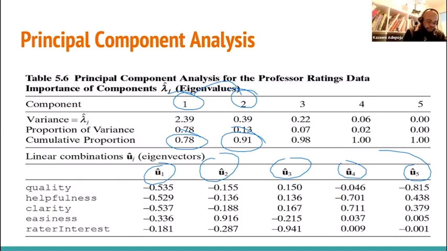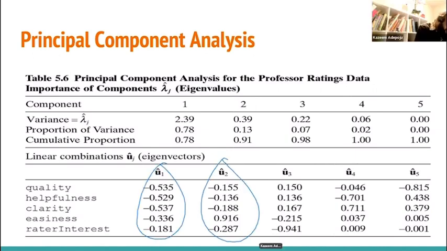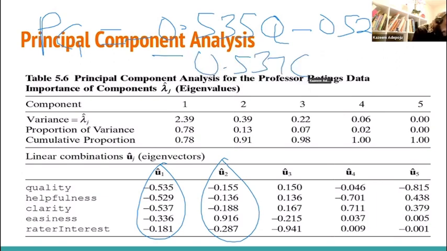If you want to write the model now, this is what I said. For instance, principal component 1 is minus 0.535 quality minus 0.529 fun-ness minus 0.537 clarity minus 0.336 easiness minus 0.181.